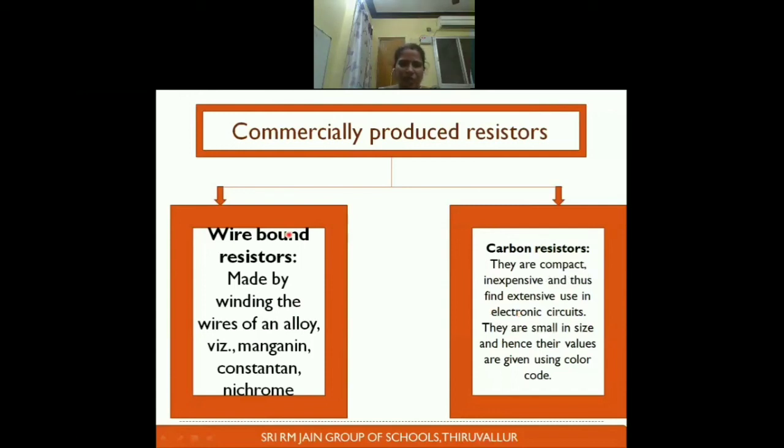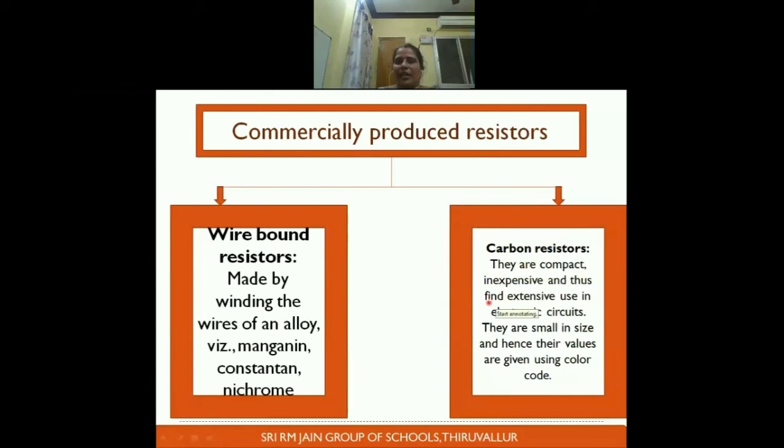Wire bound resistors are normally made of an alloy like manganin, constantan, and nichrome. We have one more type of resistors, which are carbon resistors.